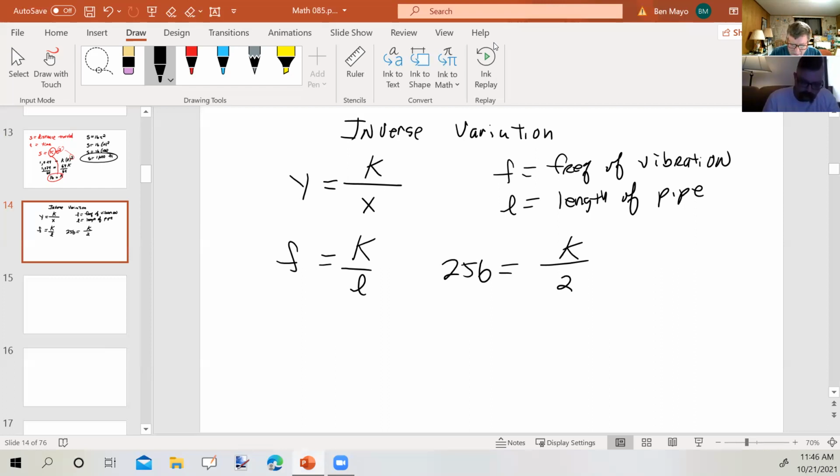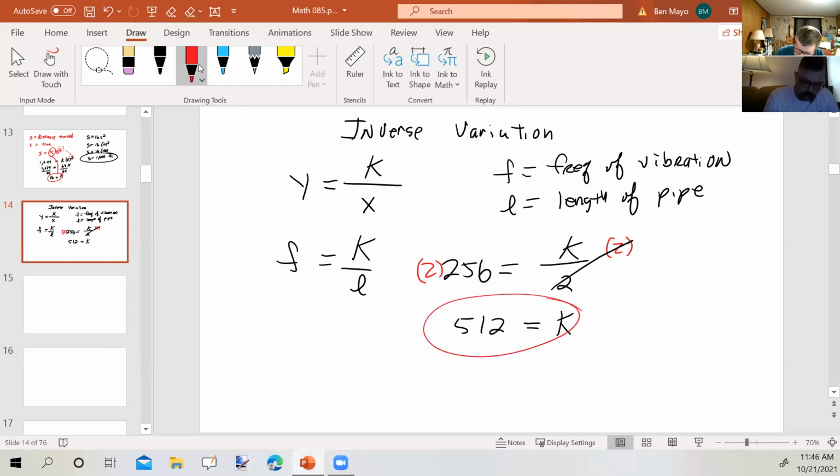So that's going to allow us to determine what K is. We're going to multiply both sides by 2. So K equals 512. Now, we're going to take that and put it in here. So now our formula is F equals 512 divided by L.